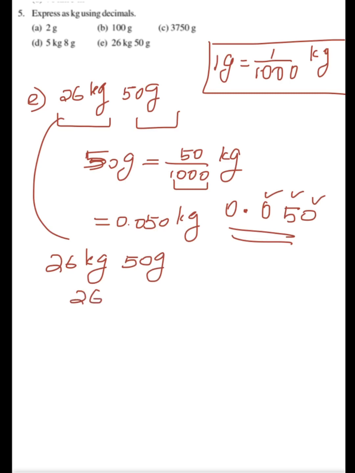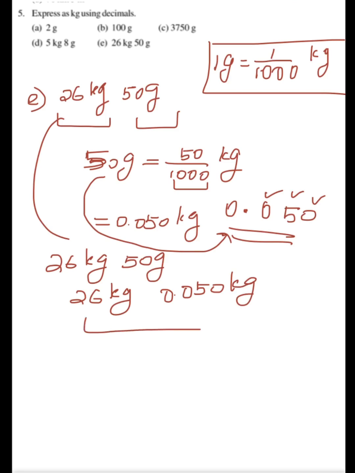Now our question was 26 kg 50 grams. That means 26 kilogram 50 gram means you have converted it into kilogram, which is 0.050 kilogram. So in total you can write it as 26.050. That is after the decimal point 050. So 26.050 kilogram.